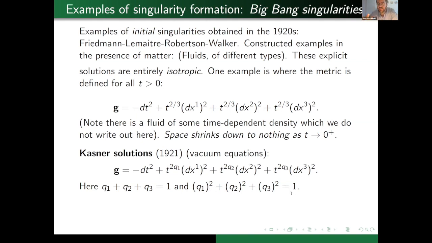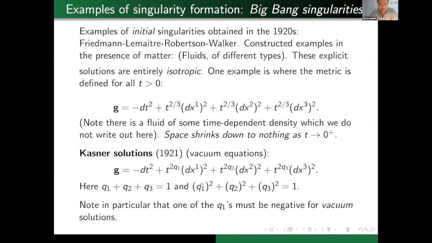Okay, so we have three parameters and two restrictions, so somehow we think of it as a one parameter family. You will note that in vacuum, these equations imply that necessarily one of the three q's must be negative. Okay, it's immediate from these two equations. So in particular, in vacuum, there must be expansion. One of these three, the negative one, must experience rapid expansion.